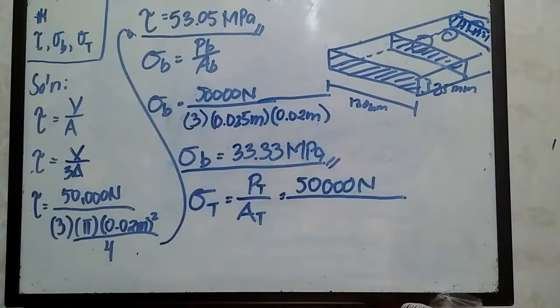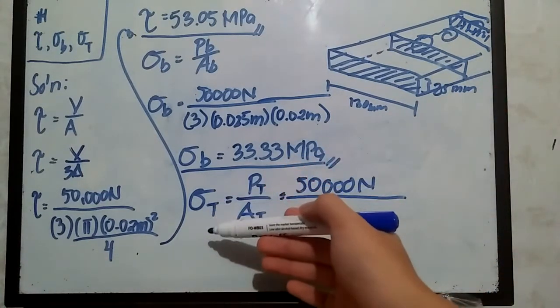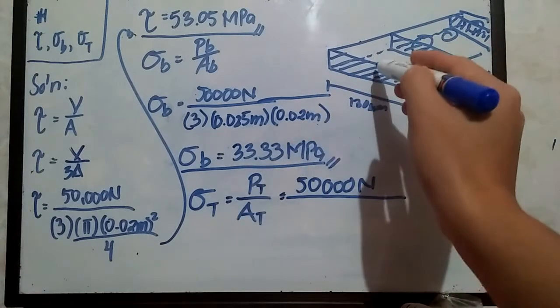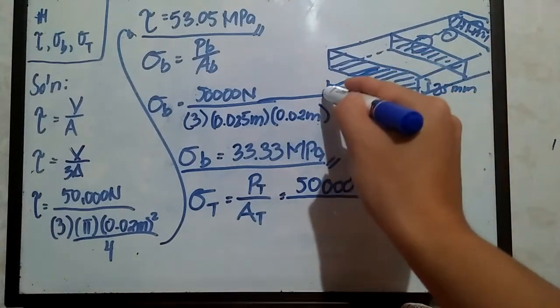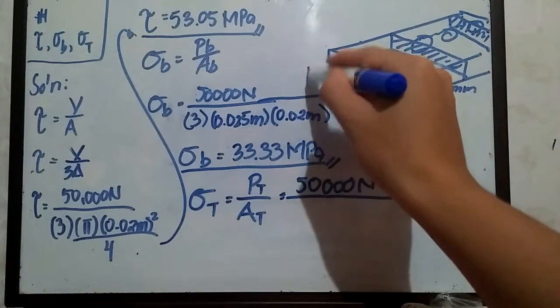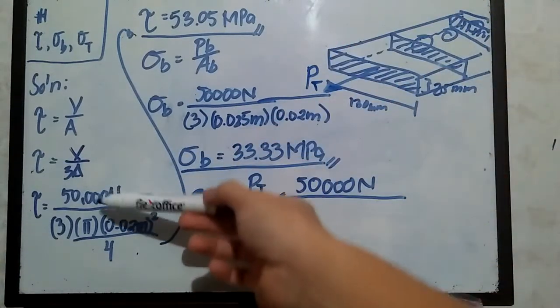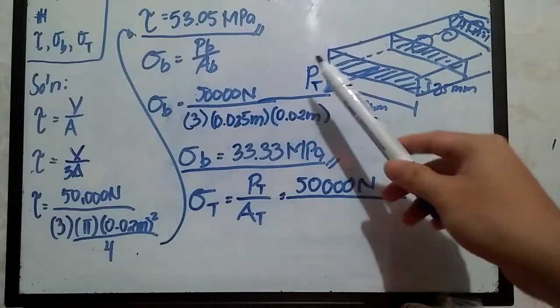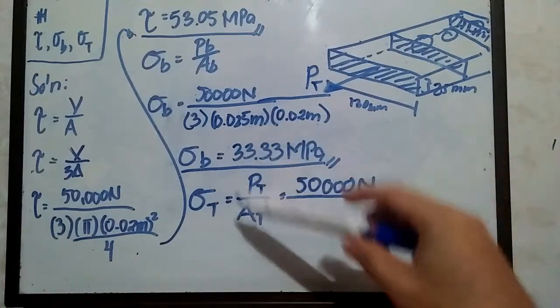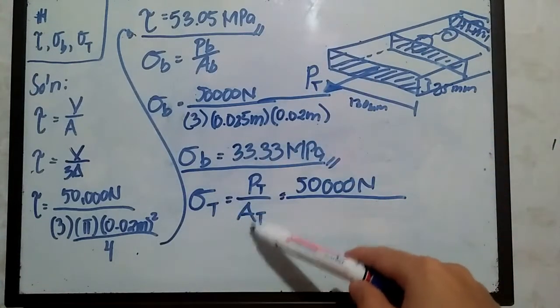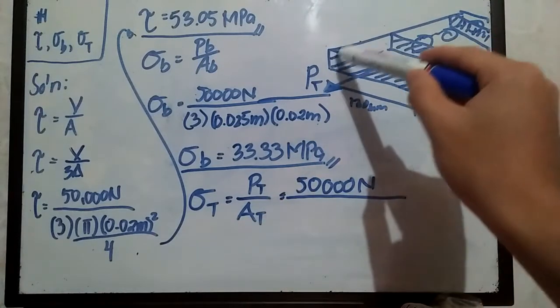As long as it is acting perpendicular to the cross-sectional area for sigma sub t, the average tensile stress, that should be P sub t, or this 50,000 newtons. So in order to solve for sigma sub t, we need to consider the area of influence, which is this one.